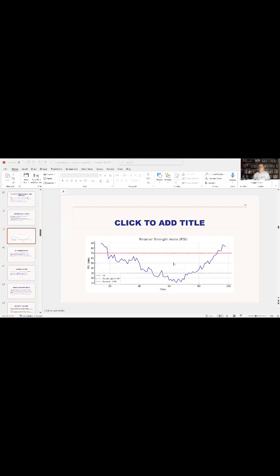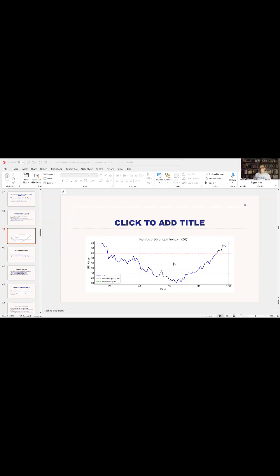As you can see, over many days, you can have a downward trend, you can have an upward trend. I'm not showing a sideways trend here, but you can be seeing many different types of movements. You can do this analysis over years or several months to see what's going on with the RSI.